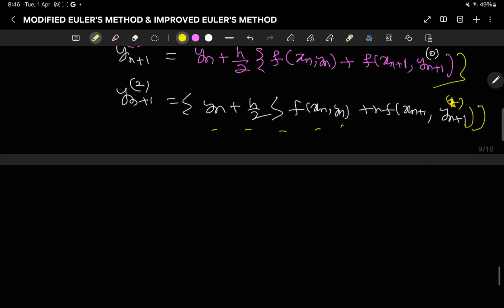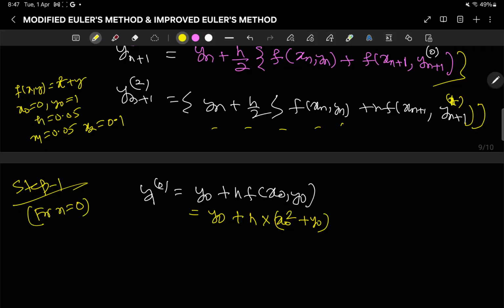So at step 1, we have f(x,y) as this, x0 given, y0 given, h we have taken, so x1 is this and x2 the next. Here at step 1 we have this formula in view of Euler's formula. Substituting the values of y0 and x0, I am getting 1.05.